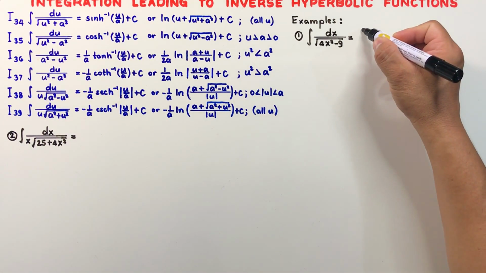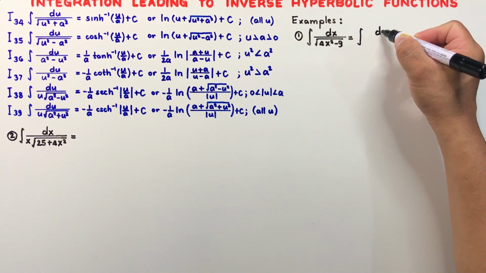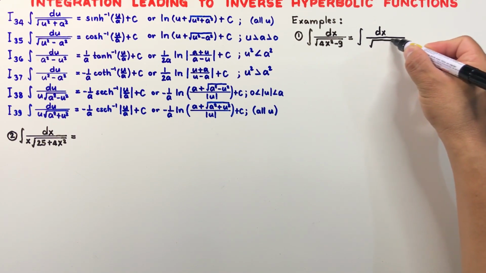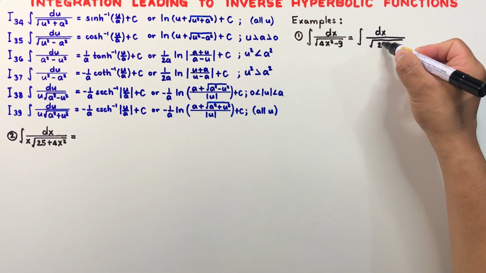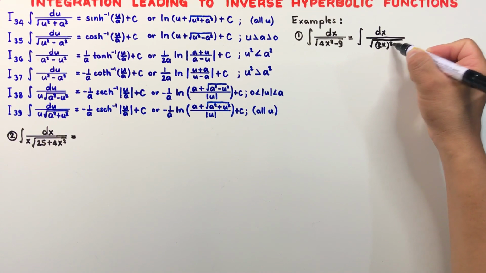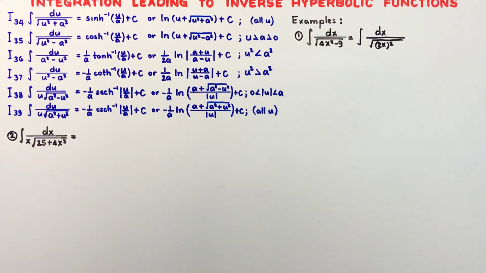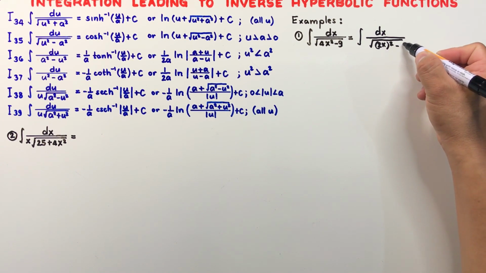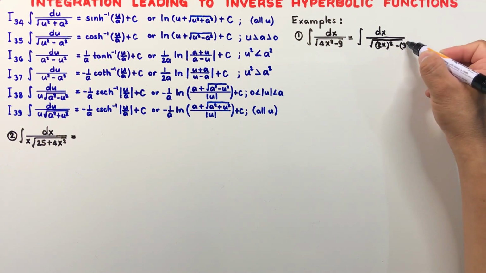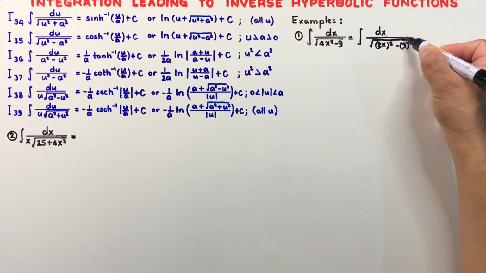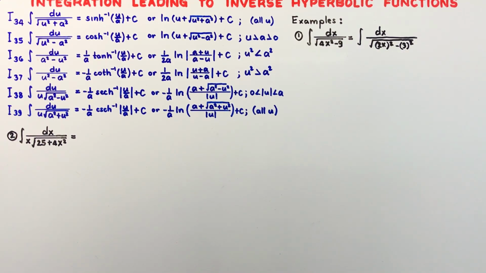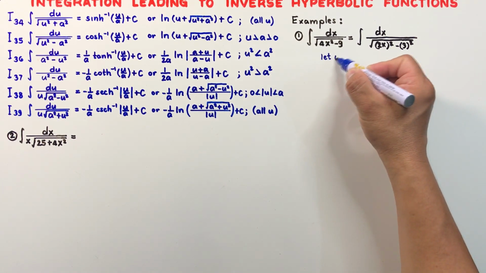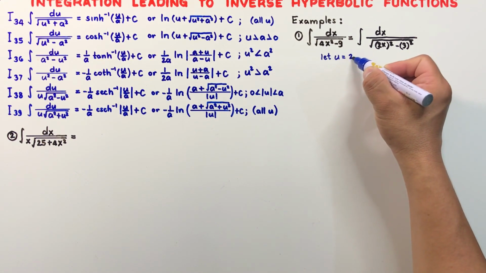So if we write this as the integral of dx over the square root of (2x) quantity squared, if you express this 4x squared as a square value, and this 9 also as 3 squared, so it's a difference of 2 squares, then we say that our u here is equal to 2x.